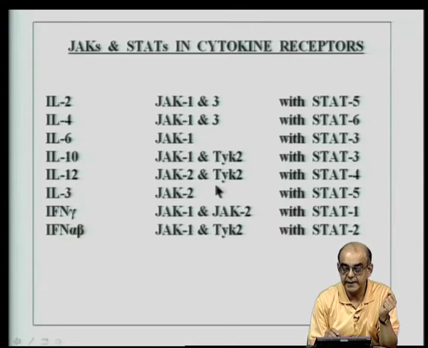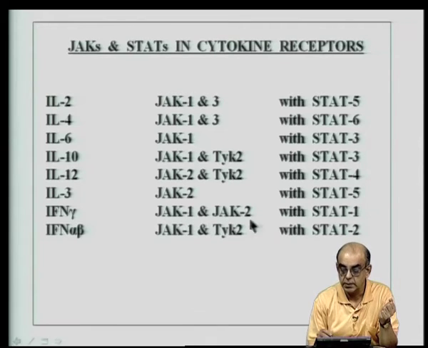IL-12 activates JAK2 and TYK2 along with STAT4 as the downstream signaling event. IL-3 utilizes JAK2 along with STAT5. Gamma interferon utilizes JAK1 and JAK2 along with STAT1. IFN alpha beta utilizes JAK1, TYK2 along with STAT2.